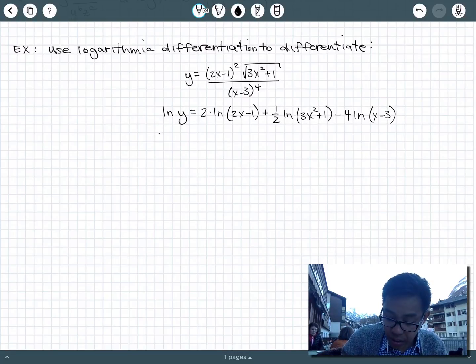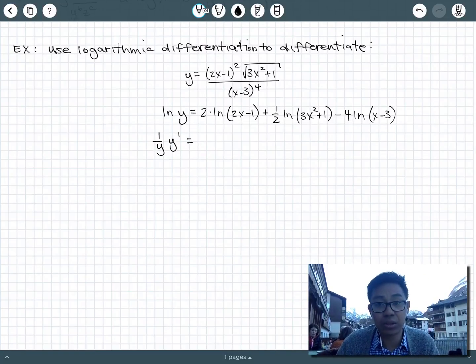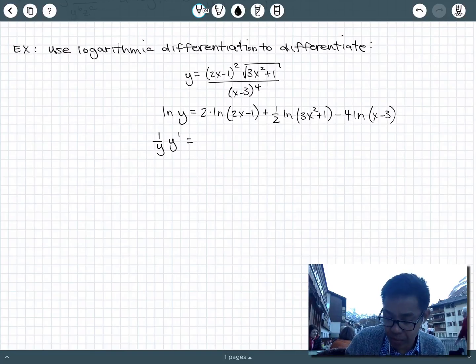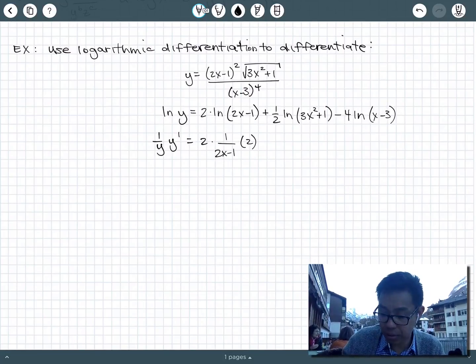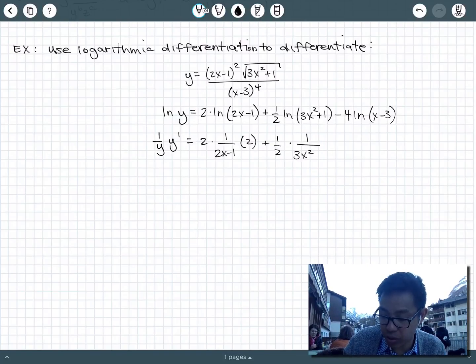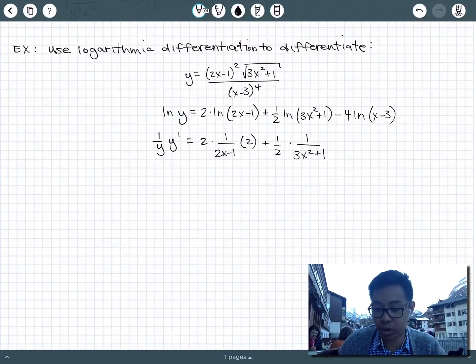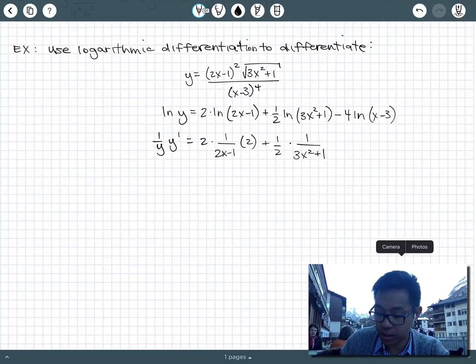So on the left side, we're going to get 1 over y times y prime equals, now what's the derivative of ln of a function, like ln of 2x minus 1? It's 1 over the function times the derivative of the function. So we get 2 times 1 over 2x minus 1 times the derivative of the function, which is 2, plus 1/2 times 1 over 3x squared plus 1 times the derivative of 3x squared plus 1, which is, of course, 6x.